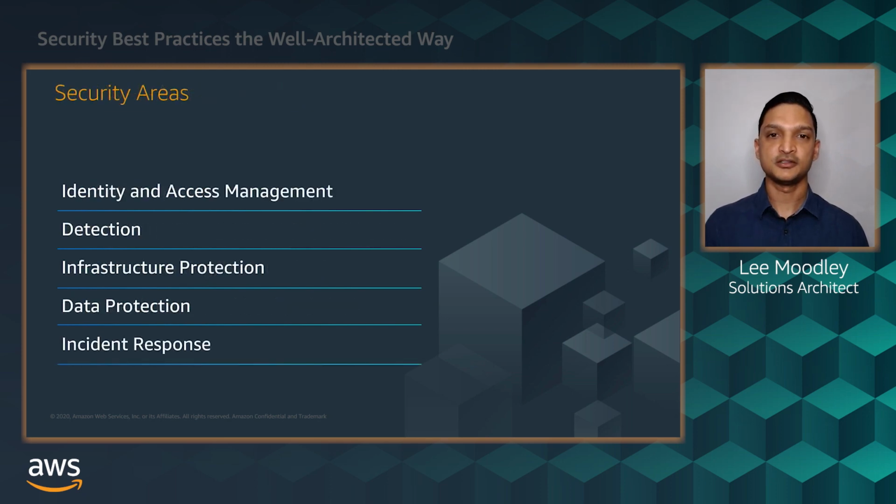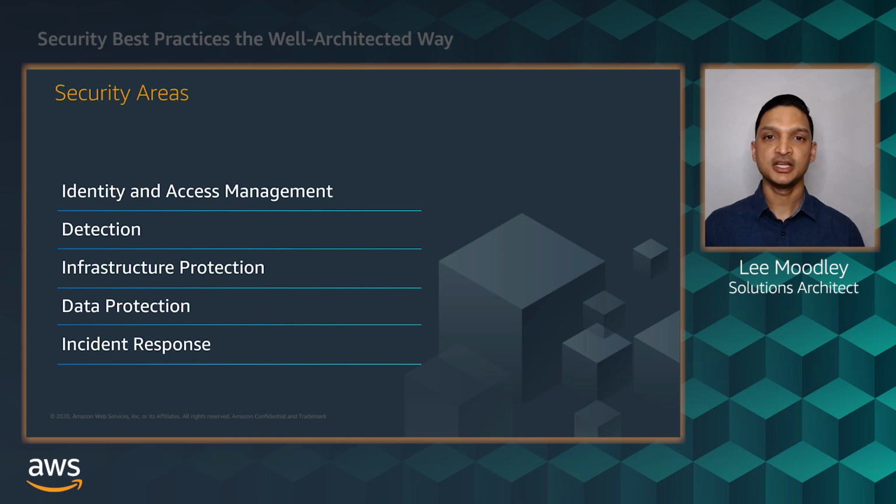Let's focus on the security pillar of the well-architected framework: identity and access management, where we consider the implications of specific processes related to IAM and how they improve our security. Detection of potential security misconfigurations, threats, or any unexpected behavior within your environment. Infrastructure protection encompasses control methodologies such as defense in depth that are necessary to meet the best practices and organizational or regulatory requirements.